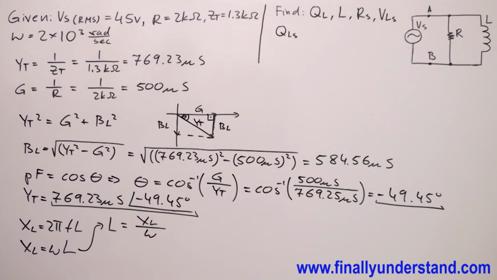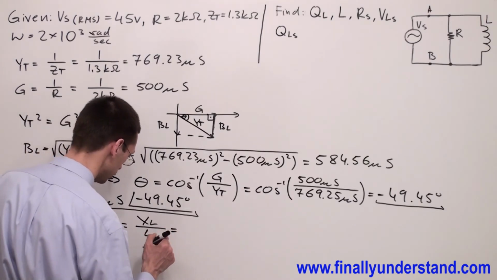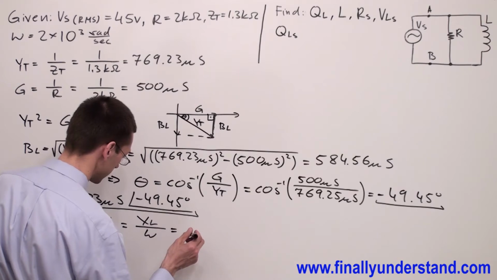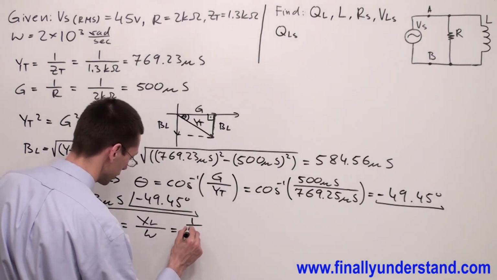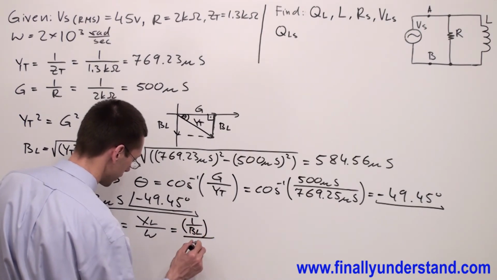But someone is going to say, we do not have X of L. Yes, we don't have X of L, but we have BL. Don't forget that X of L is equal to the reciprocal of BL. So I can say that this is nothing else, just 1 over BL over omega.